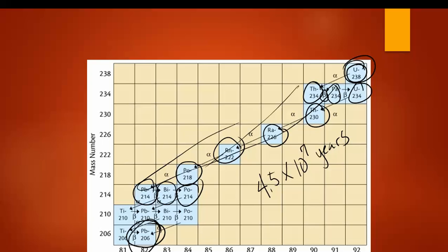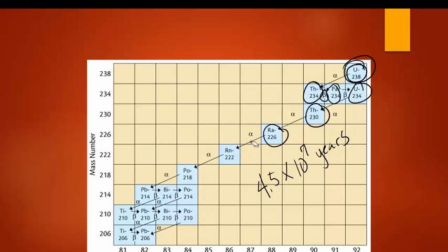Okay, notice the problem here. We live in an area of the country that has a lot of uranium in it. Not a lot, but some. Notice along the way, who does uranium become? Radon.